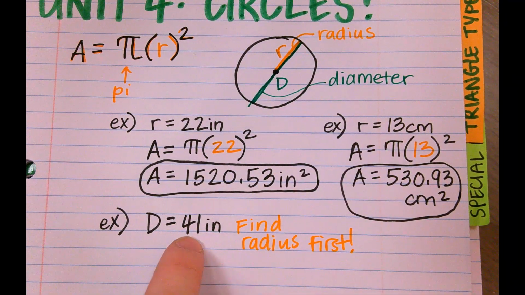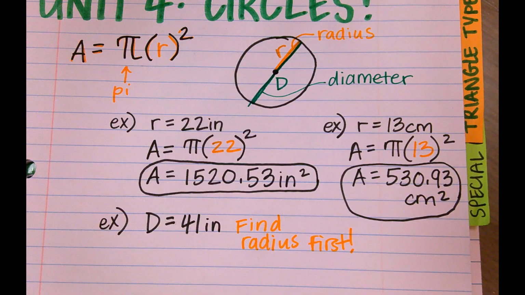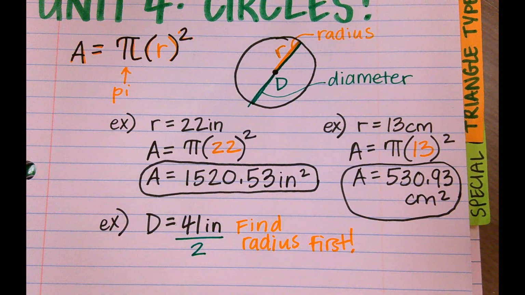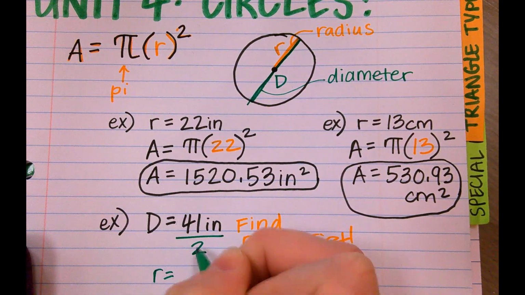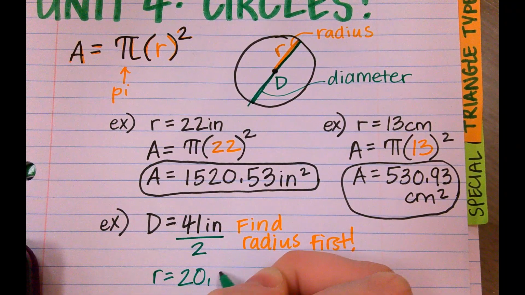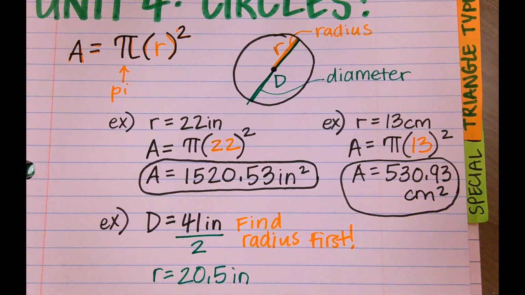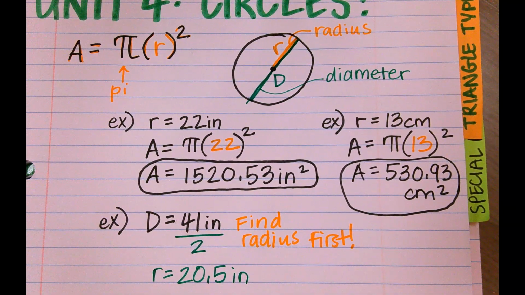So to find the radius, we can just divide by 2. So it would be 41 divided by 2. It would be 20.5 inches. Radius equals 20.5 inches. And this is just inches still, because we haven't found the area yet. We just found the length of the radius.